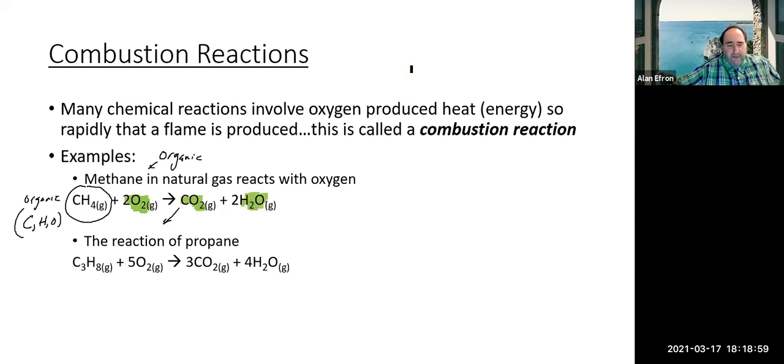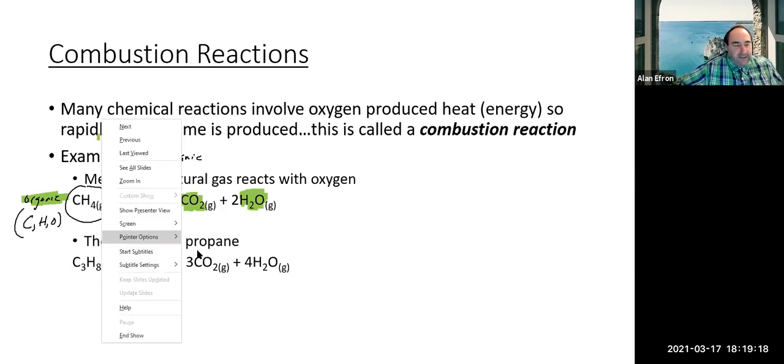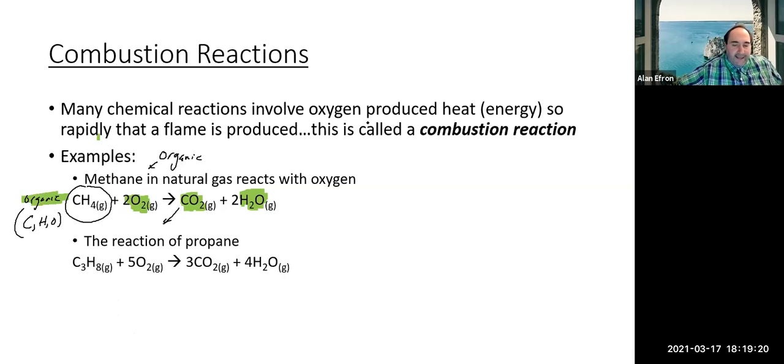So if you're dealing with a combustion reaction, O2 on the left, and you have to figure out the products, especially if you're starting with some type of organic compound, they are always going to be CO2 and water. Now, there's a more generic definition of a combustion reaction, and that is simply a reaction that involves oxygen.